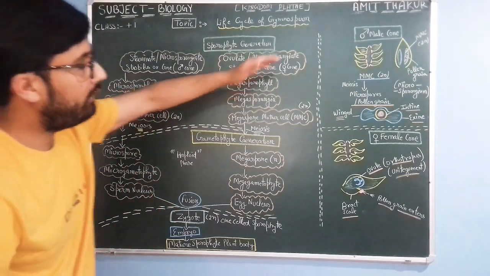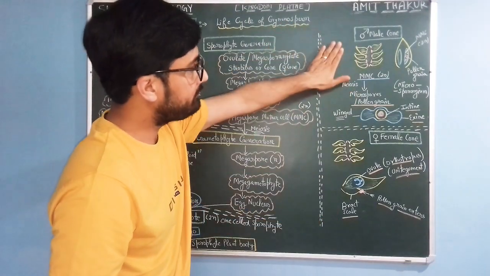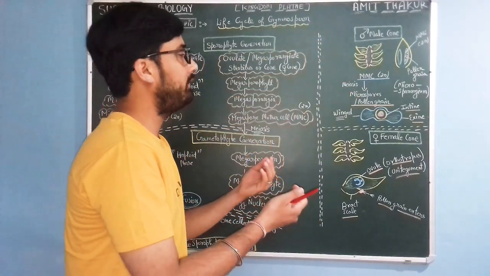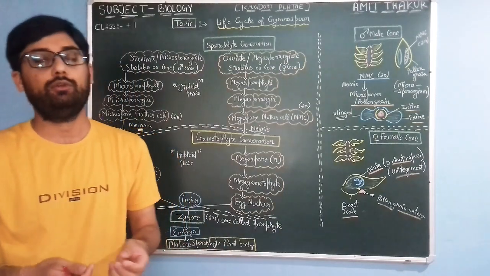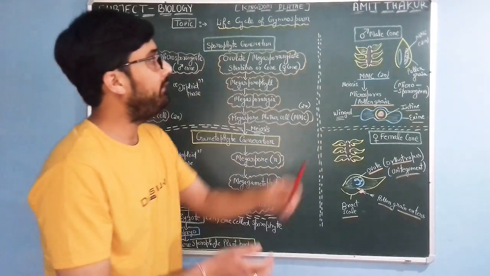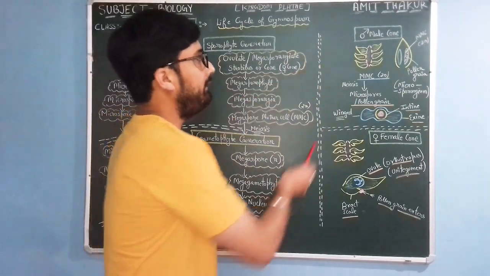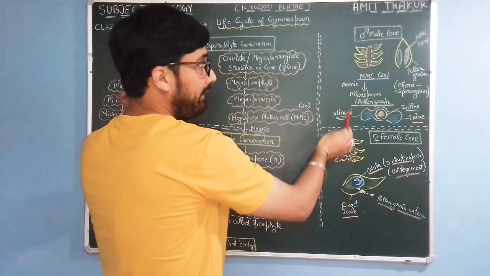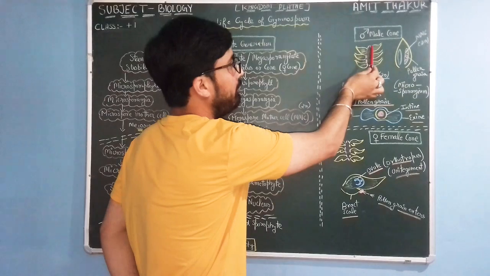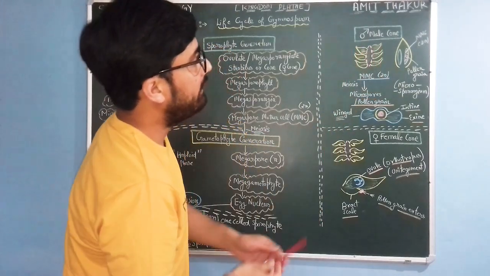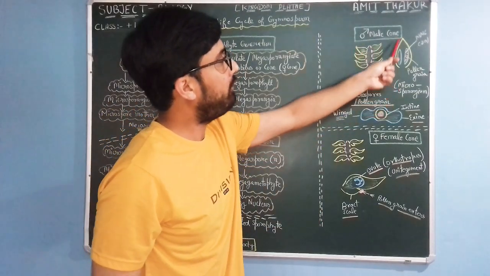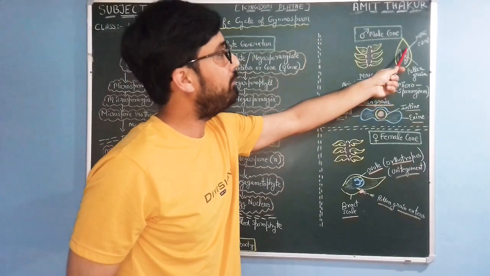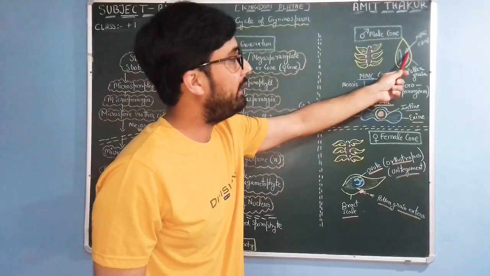Okay. So here we have drawn the structure of the male and female strobilus, or male and female cone. This is the male cone. This is the central axis, and from this central axis, in case of male cone, the microsporophylls are formed. Inside this microsporophyll, microspore mother cells are formed.